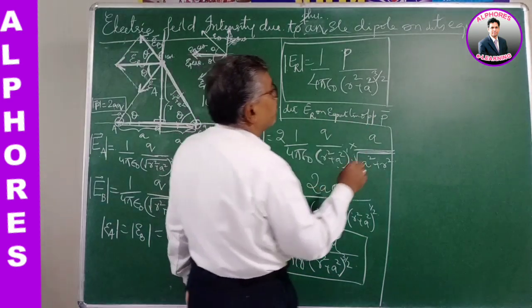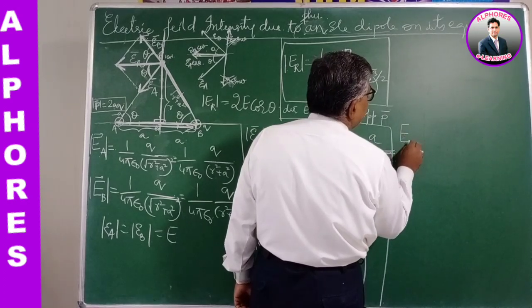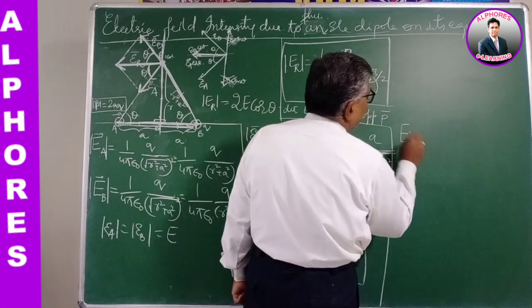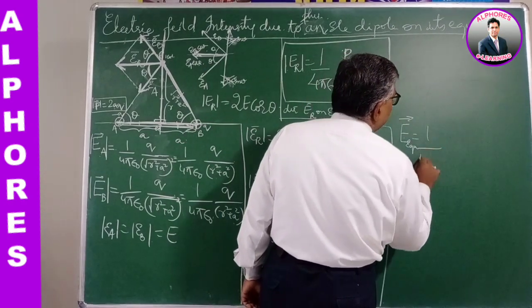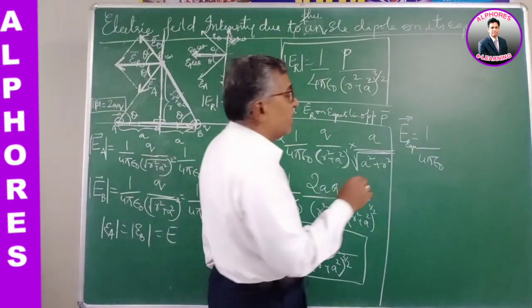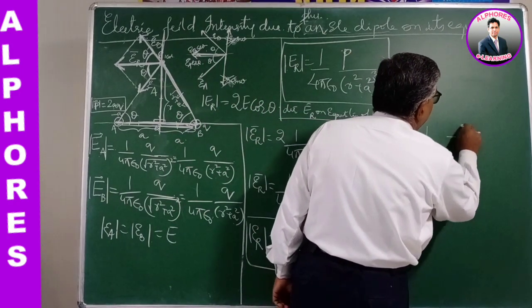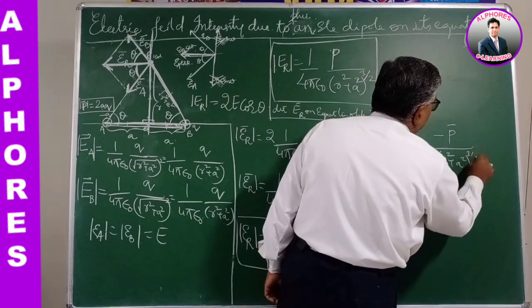Both are anti-parallel, unlike. So therefore, vectorially if I write the resultant electric field strength on the equatorial line of a dipole, E bar is 1 by 4 pi epsilon naught minus P bar by (R square plus A square) whole power 3 by 2.